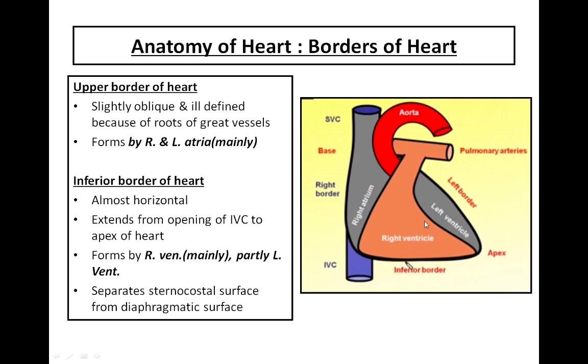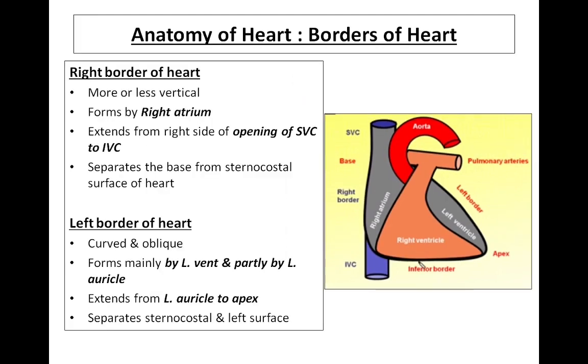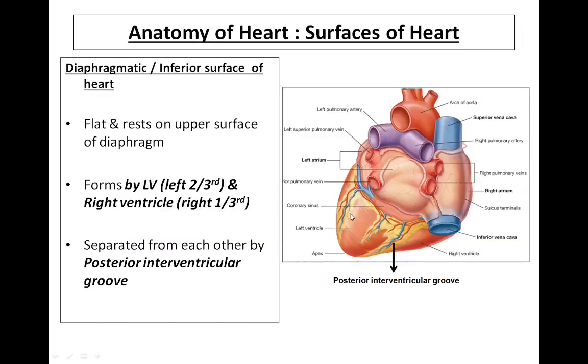Now whom does it separate? This is our anterior surface, and inferiorly we have the inferior surface or diaphragmatic surface. This is the diaphragmatic surface, this is our apex, and this is our inferior border.